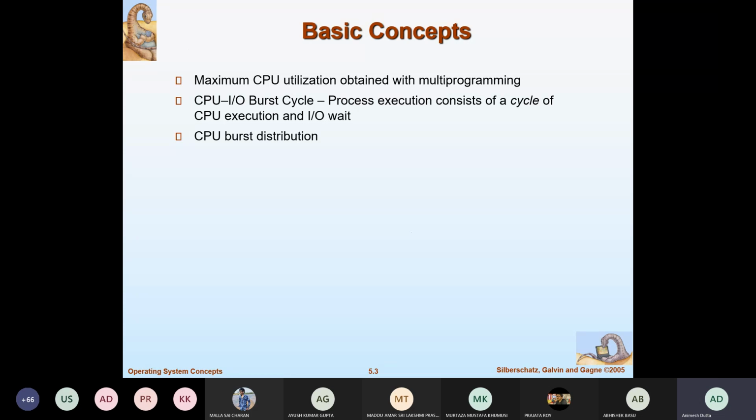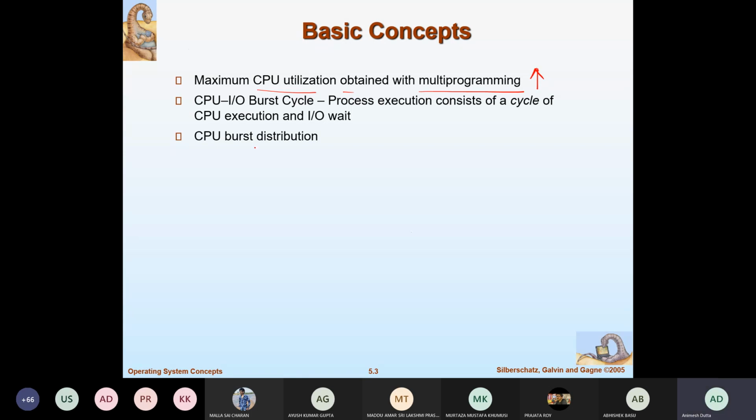So how will these processes be scheduled on those CPUs such that the total execution time will be minimized? So the basic concept is maximum CPU utilization obtained with multi-programming, the number of programs you submit at the same time.